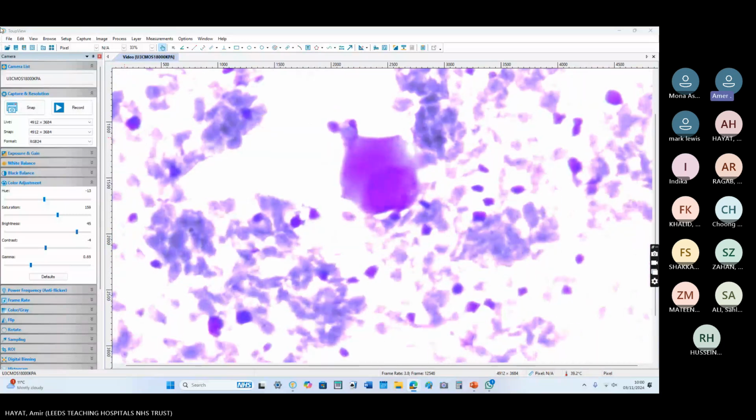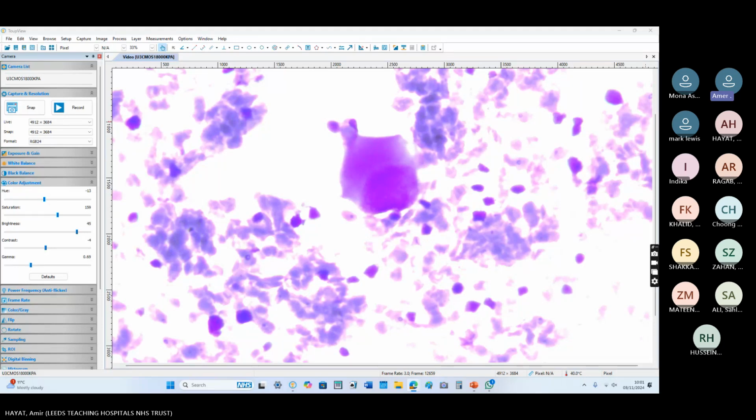And the second feature of megakaryocytes in MDS is that they are small in size. So small size, unilobulated megakaryocytes in aspirate and trephine are a feature of MDS. Small size megakaryocytes are also a feature of chronic myeloid leukemia, but they are not unilobulated.